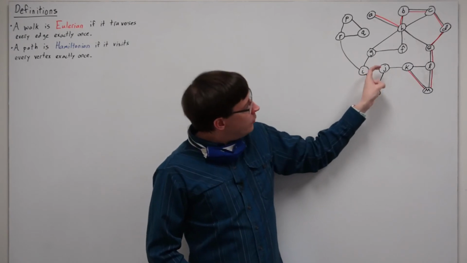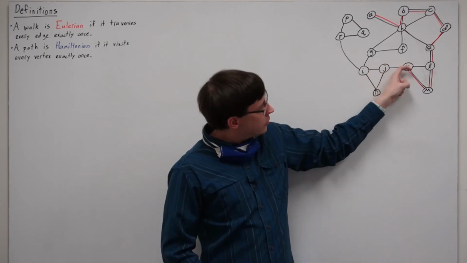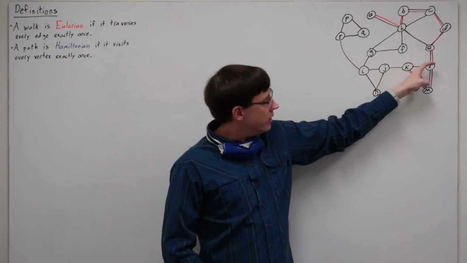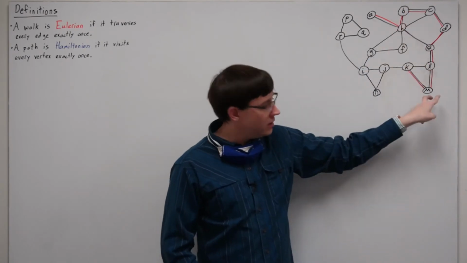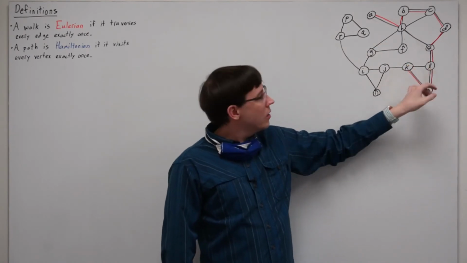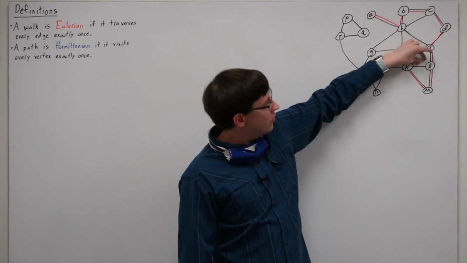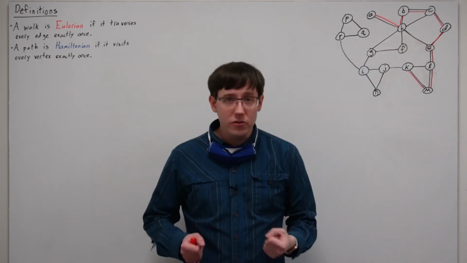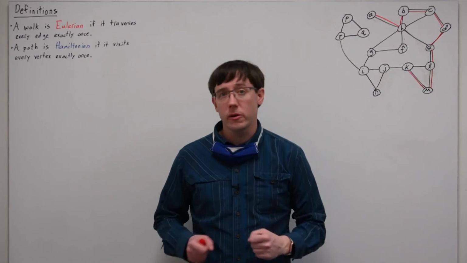But it seems like if we had come in from this direction, we would be facing the same problem. Either we go straight across to L and we miss these edges, or we go down to M and then we'd be stuck with the same sort of situation between these two edges. So it seems like for this graph there is no Eulerian walk.